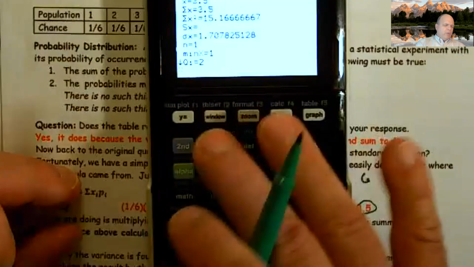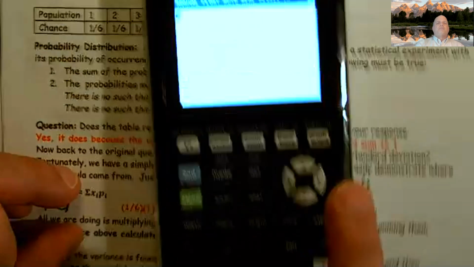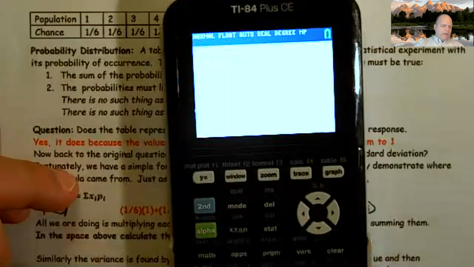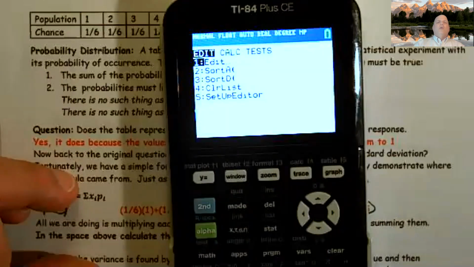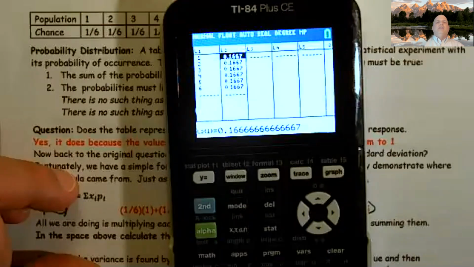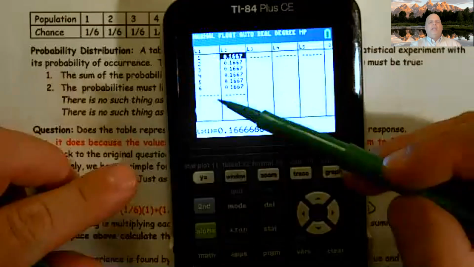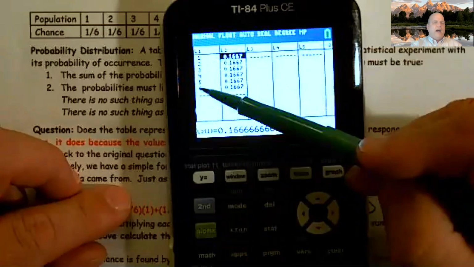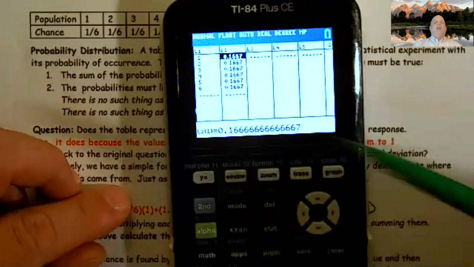So I'm going to press second quit to get to a clear screen. You'll have to excuse my printer in the background. It wants to interrupt us. So we press Stat, then Edit. And you probably can't see this, but I typed in 1, 2, 3, 4, 5, and 6 in column L1.